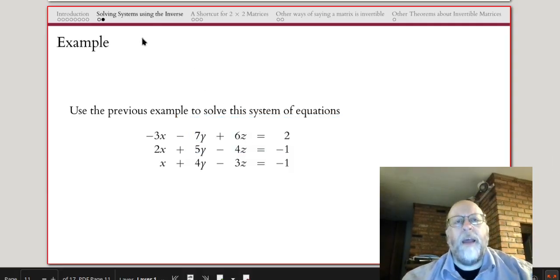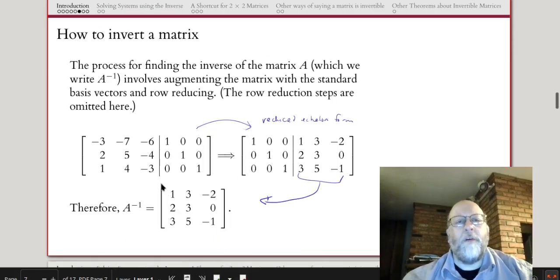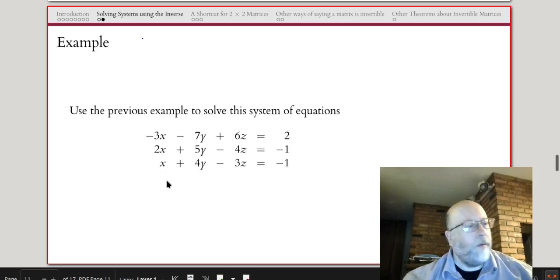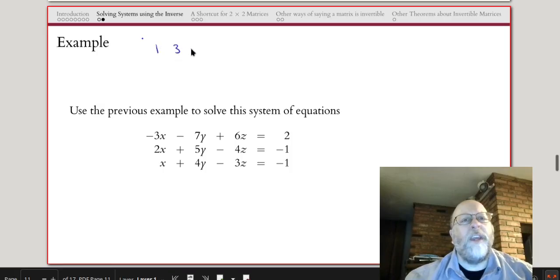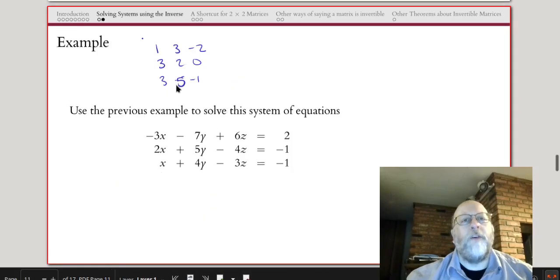I'm just going to copy this over. 1, 3, negative 2, 3, 2, 0, 3, 5, negative 1. Let me double check that.